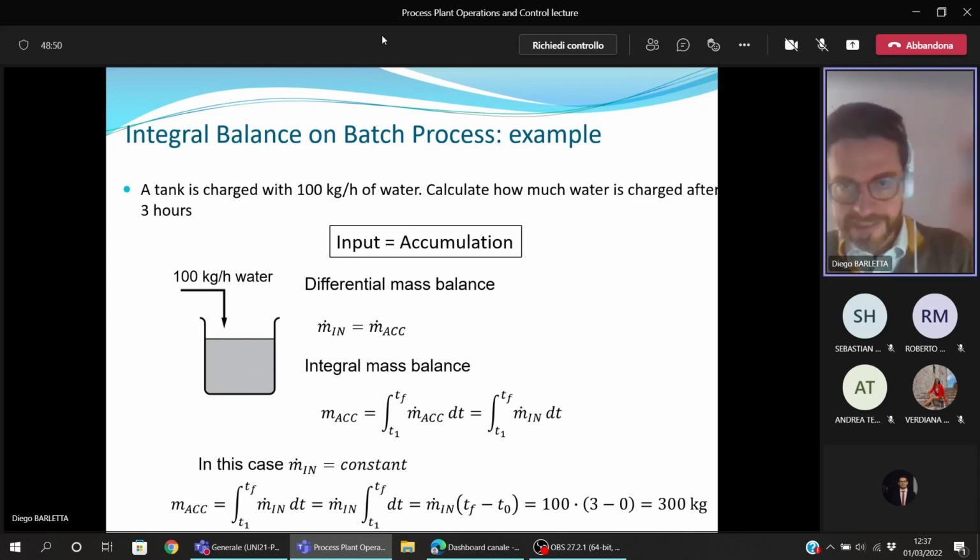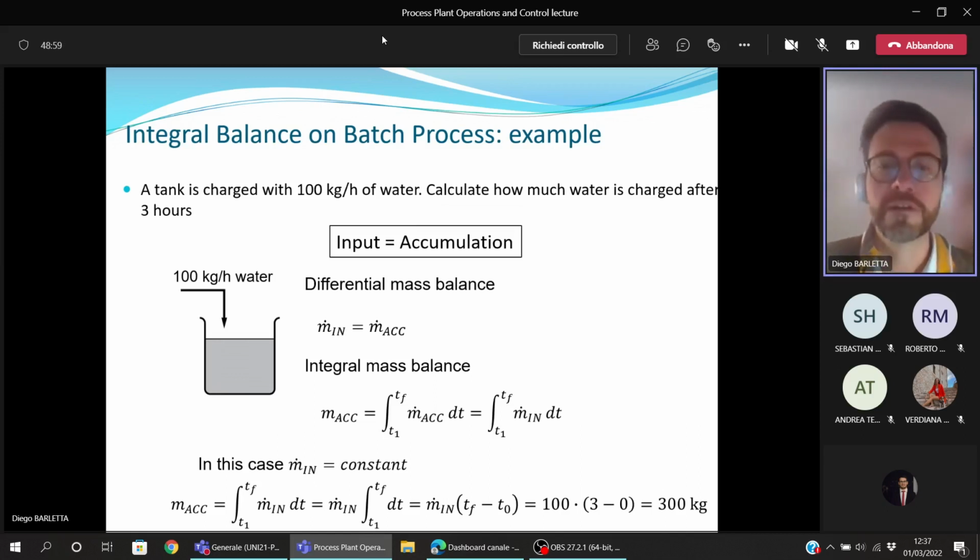But of course, we can also pass to an integral mass balance, because if you want to estimate the mass accumulated, it is sufficient to calculate the integral between time t1 and time tf of m dot accumulation in dt. And this is equal, of course, to the integral between t1 and tf of m dot in over dt.